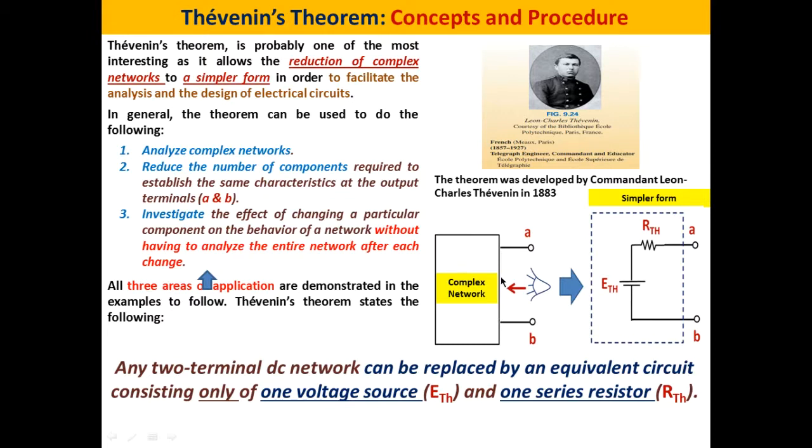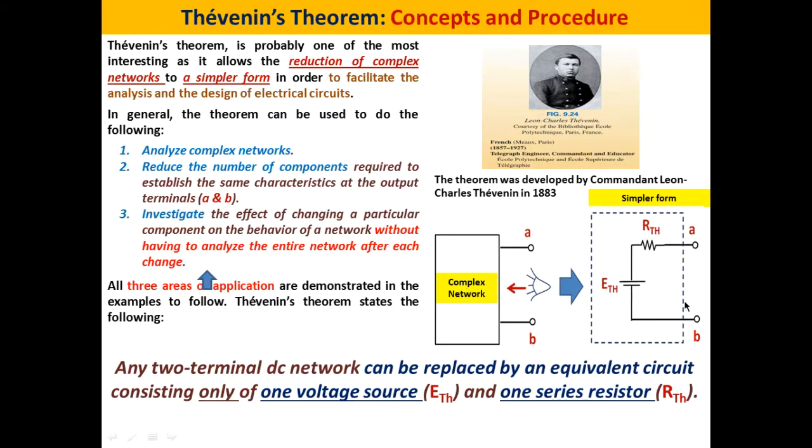So let's imagine a complex network with different loops and a certain number of nodes, and we are interested in how it can be represented, seen from two terminals, A and B. So the problem is how to simplify this complex network into a simpler form.